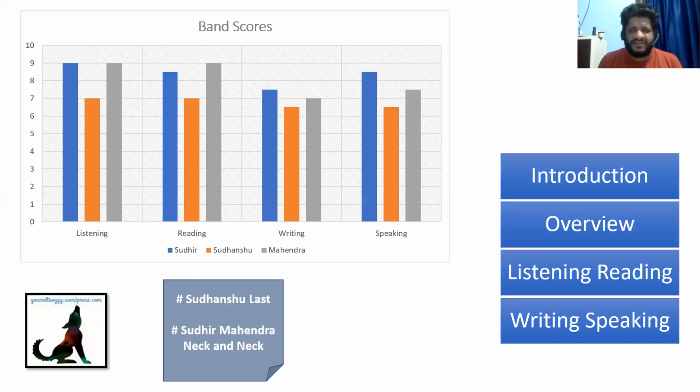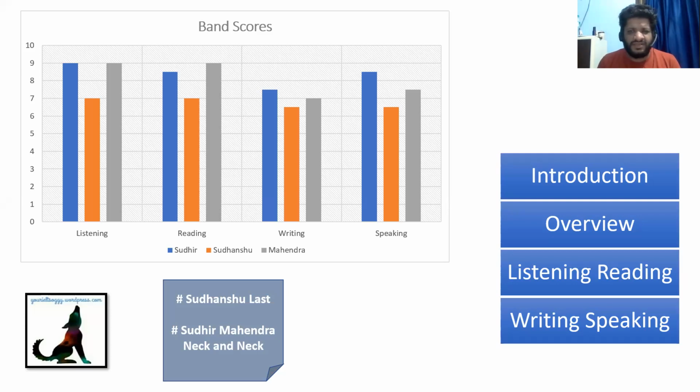Such is a case, as in you have band scores of three different persons, Sudhir, Sudhanshu, and Mahendra, across the modules: listening this, reading that, writing this, speaking that. First of all, of course, you have to look for the best features, the important features, that can say the whole thing in a nutshell.